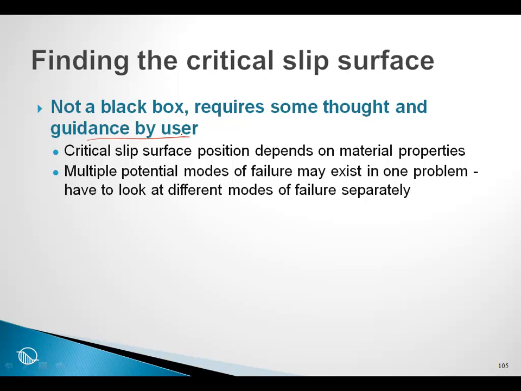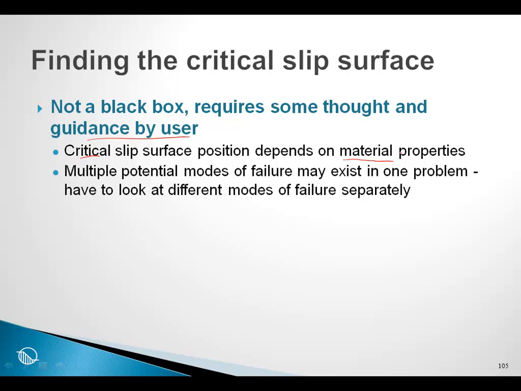Once again, an extremely important observation is that the critical slip surface depends on material properties. Different material properties can give different locations of the critical slip surface. Once again, multiple potential modes of failure may exist in one problem.